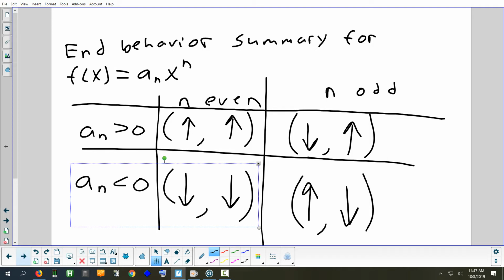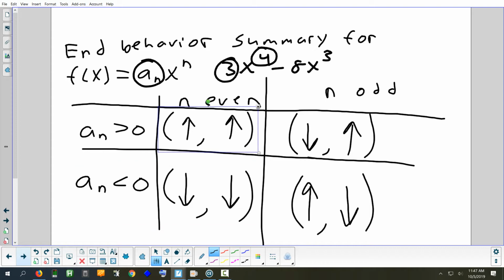Well, you look at the number in front of the highest degree term. If the number in front is positive and it's an even, that would fall in this category. If the number in front was less than 0, now it falls in this category, down, down.